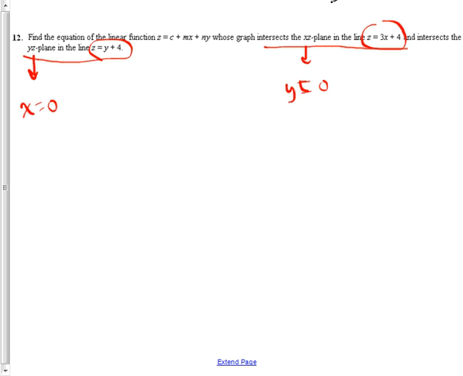And what we can take from this is that in both cases, and it would have to be this way, my z-intercept was 4. So let's talk through this. When it intersects the yz plane, x is 0. And when we set y equals 0, we would see that z equals 4.